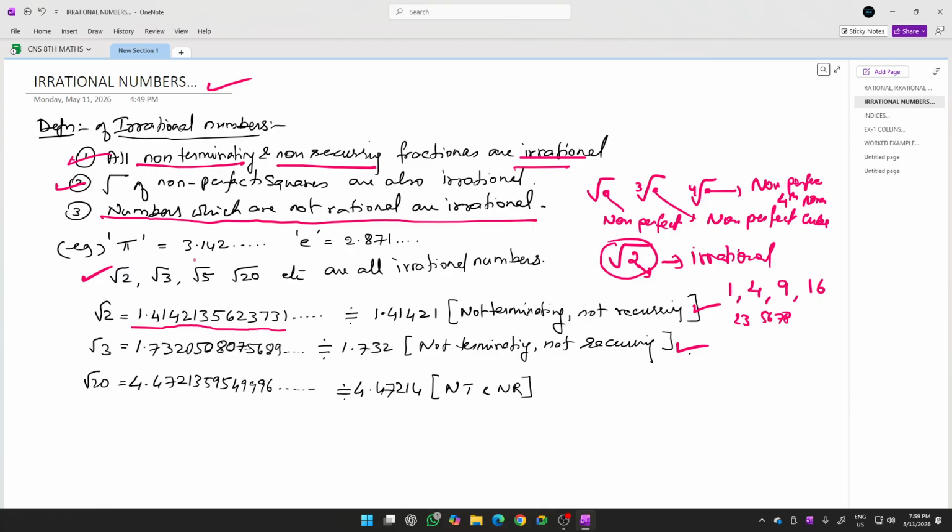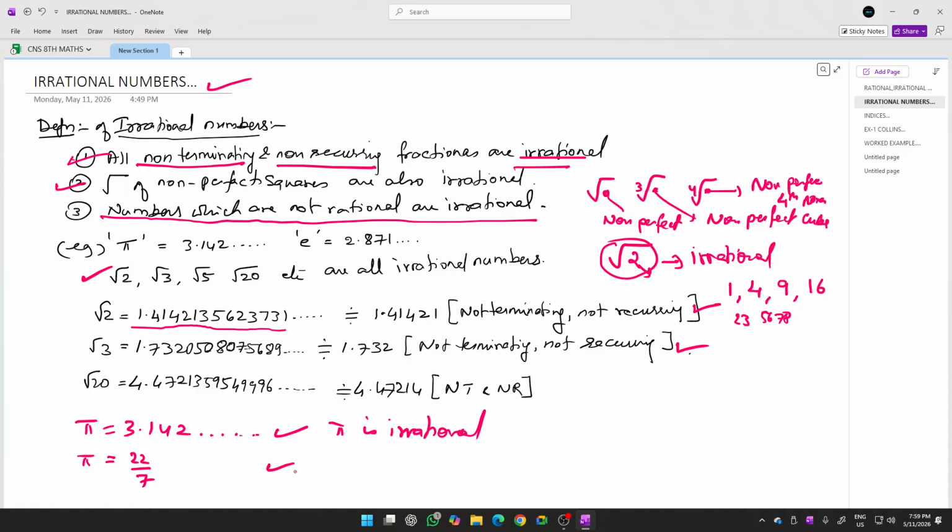that is taken as 3.142 dot dot dot dot dot. This is an irrational number. So if they tell you pi is equal to 3.142 dot dot dot, and if they tell you pi is equal to 22 upon 7, and if they ask you which of these numbers are rational and irrational, you have to tell that pi is irrational because it is non-terminating and non-recurring.